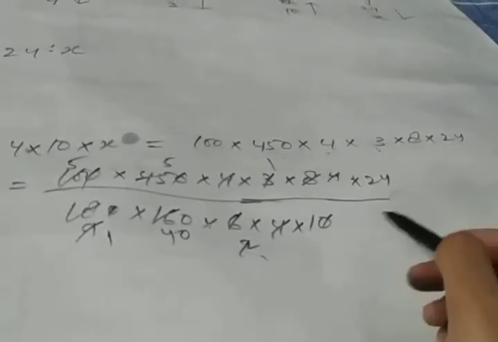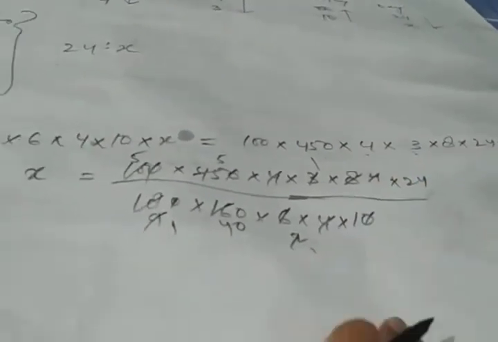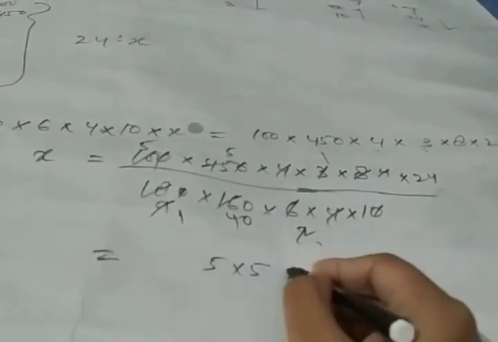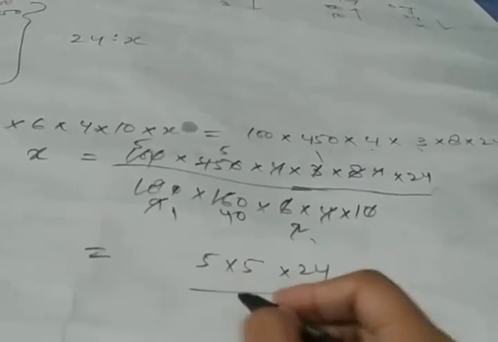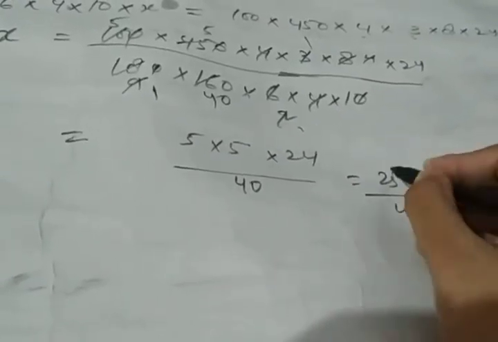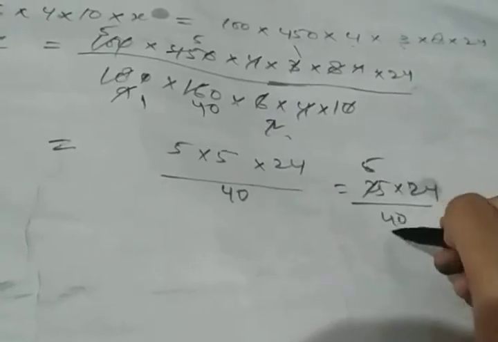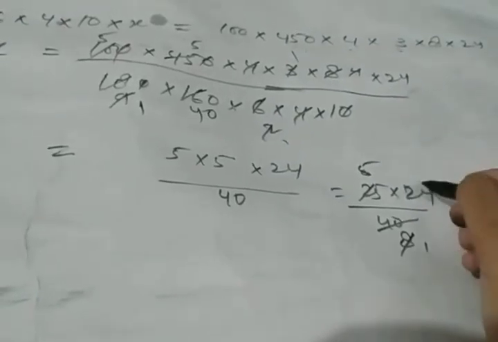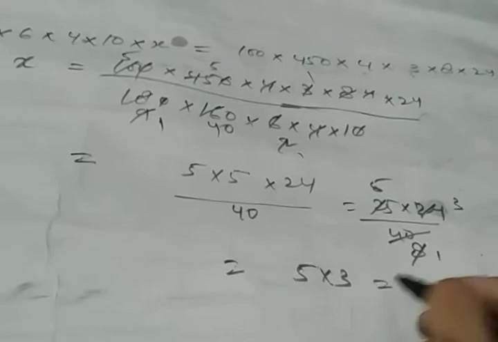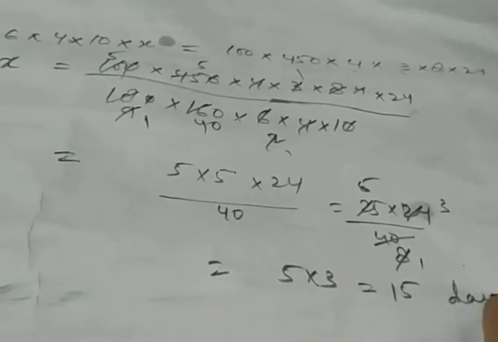Write into 24, and we cut all the terms and the left amounts are 5 into 5 into 24 upon 40. 5 5s are 25, 8 1s are 8, 8 3s are 24. The answer is 5 into 3, which is 15. We have found 15 days.